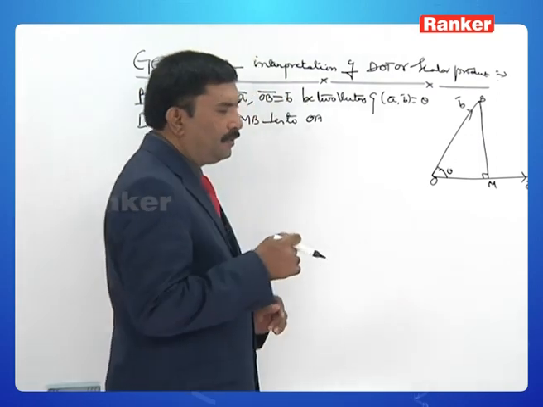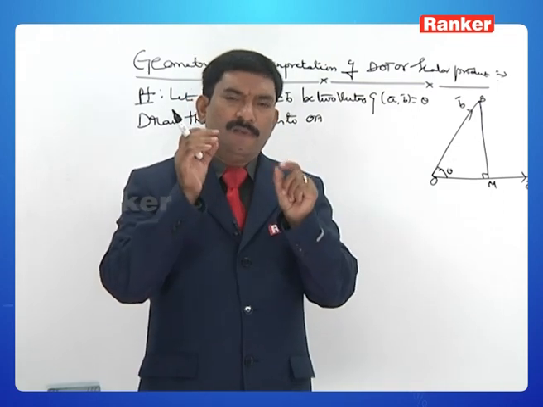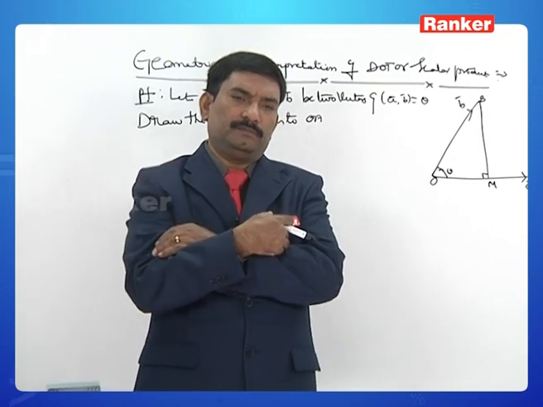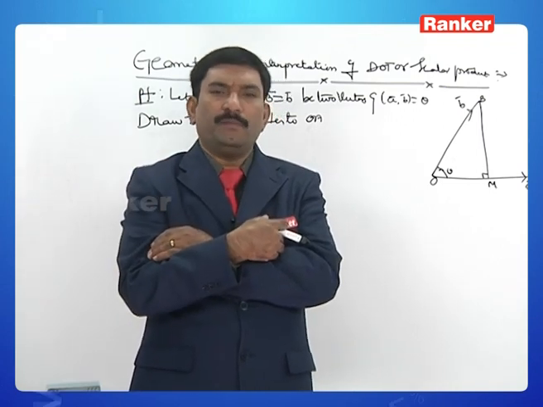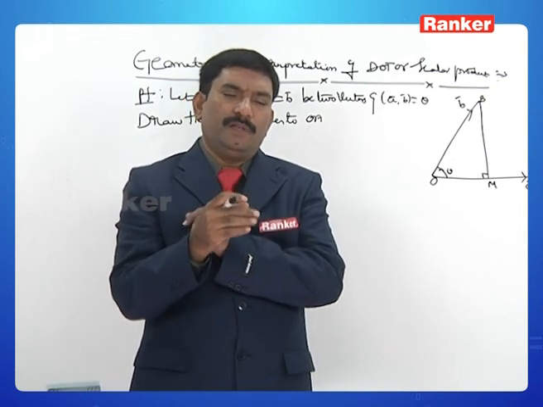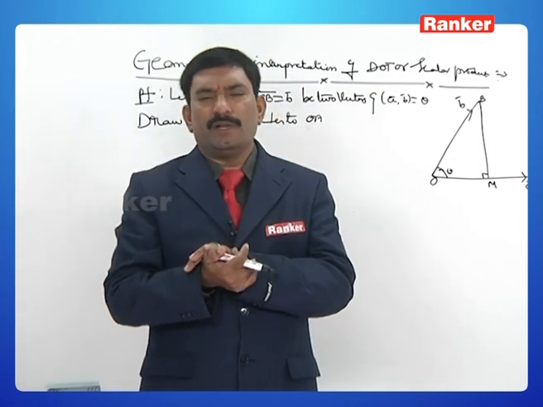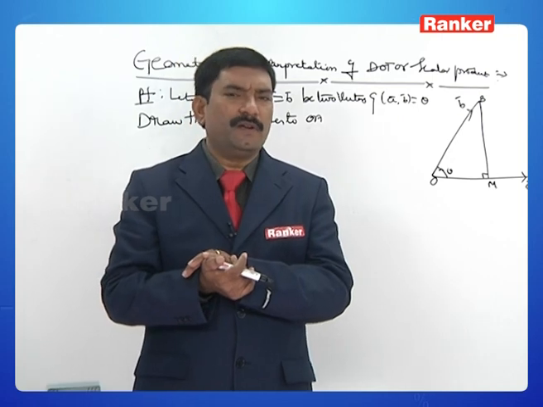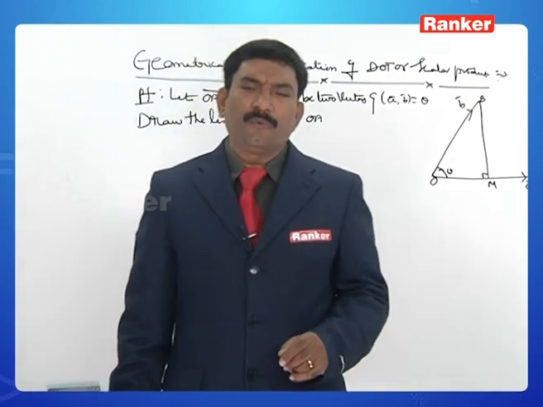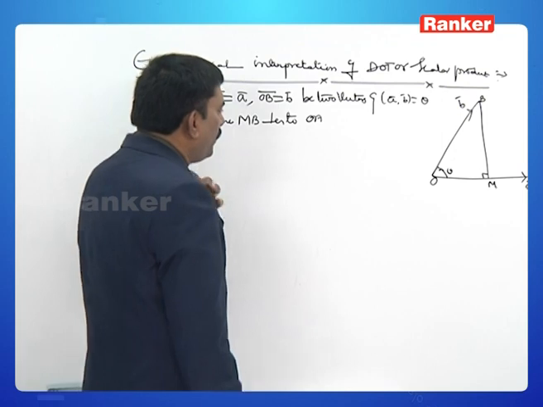Now OM is a sub-length. Entire OA is equal to a bar, but OM is not the same as a bar. The modulus of OM bar is not the modulus of a bar. Of course, this may be collinear with this, correct? What I do is, I want to find out OM.